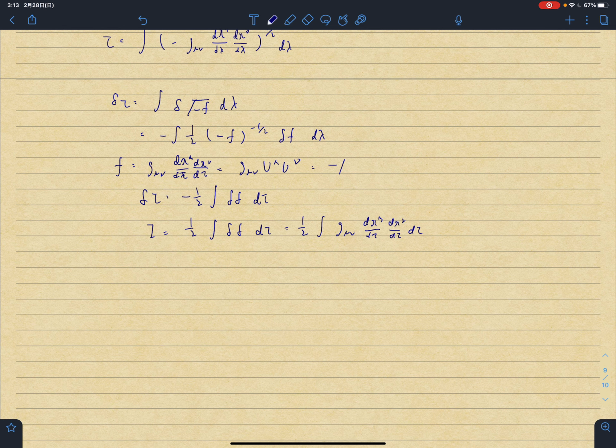Taking the variation of this is thus a shortcut to find the shortest distance path, one that we will prefer.